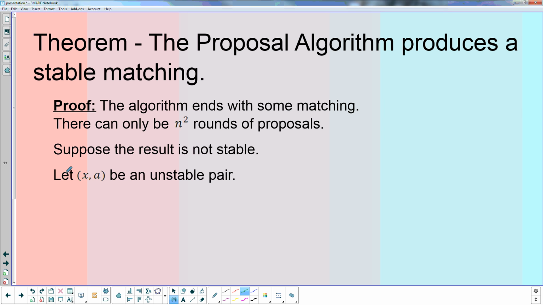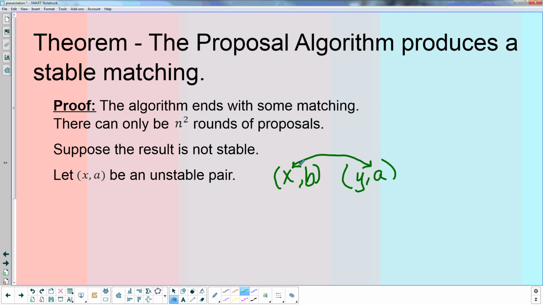So we're going to let XA be an unstable pair. What that really means is we have man X and woman A who really are attracted to each other, but based on our matching, X is paired up with woman B, and woman A is paired up with man Y. So these are the actual pairings, but X and A are really attracted to each other.